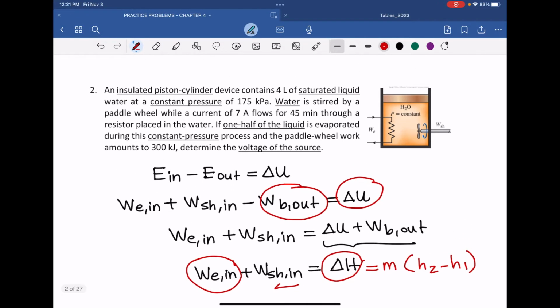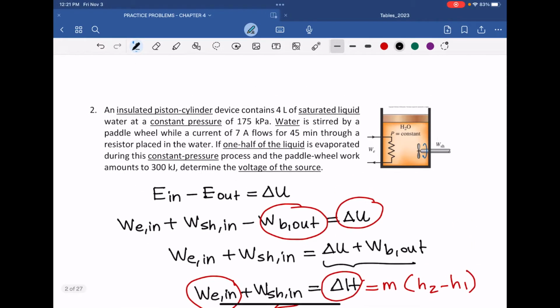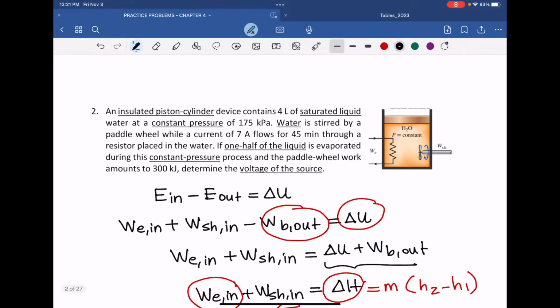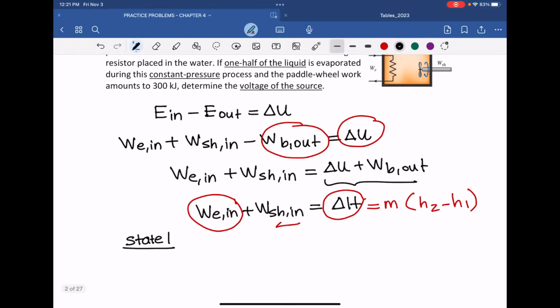So for the first state, let's write down what they're giving us. First of all, they say 4 liters of saturated liquid water. So they give us saturated liquid.